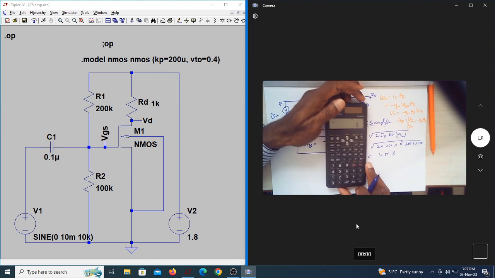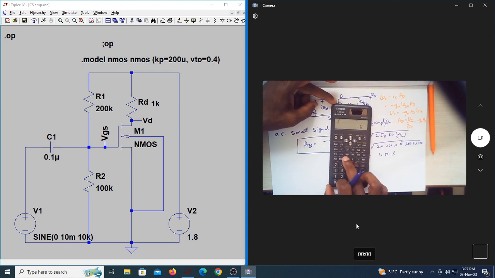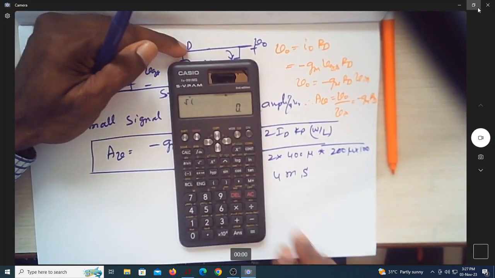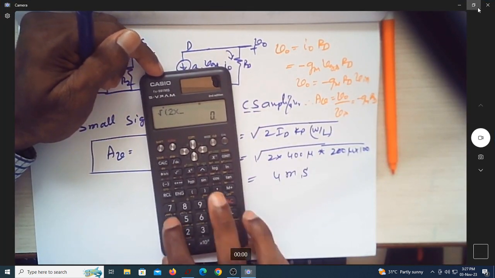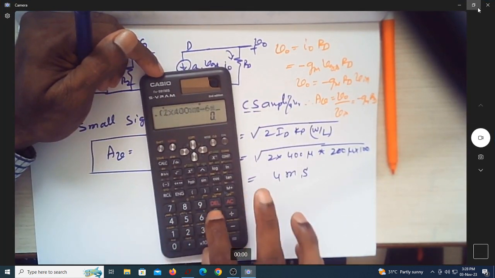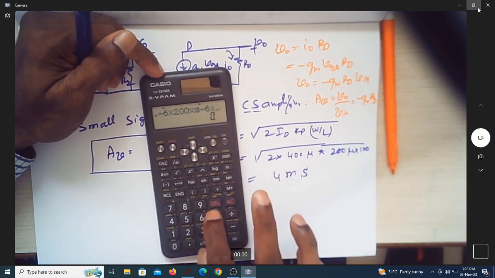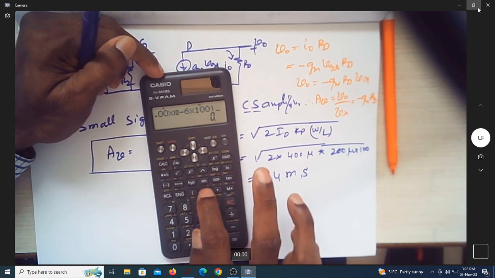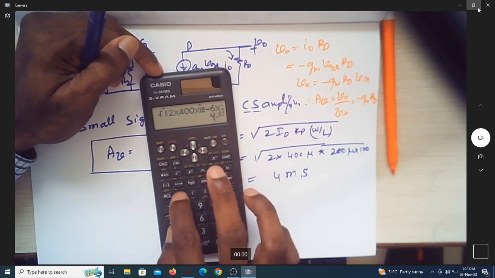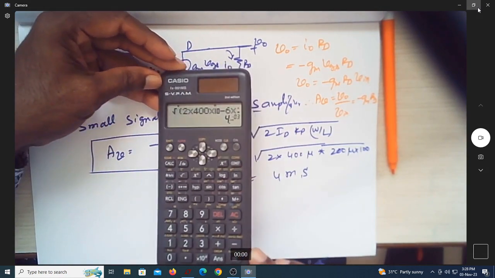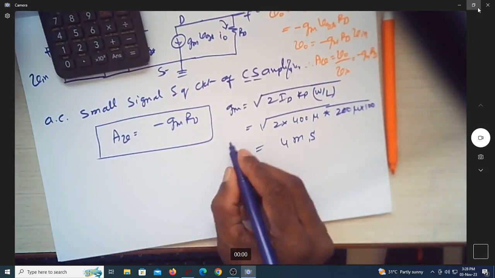So let me find out. It is under root of, okay, let me just do this. Under root of 2 into 400 exponential minus 6 into 200 exponential minus 6 into 100 close equals. You can see this is 4 millisiemens. So I have 4 10 power minus 3. So it is 4 millisiemens.